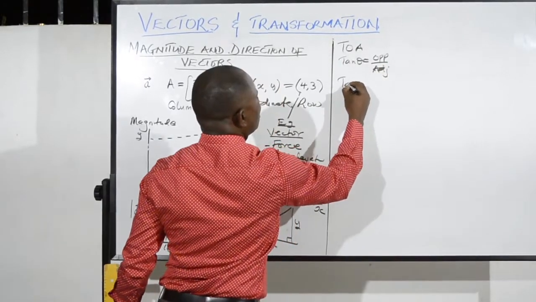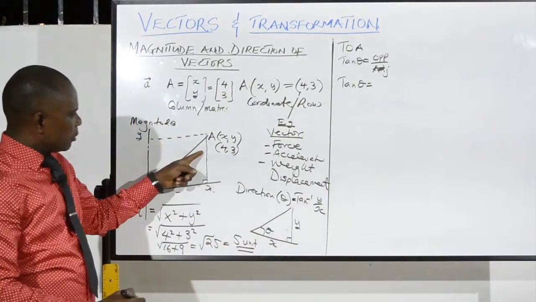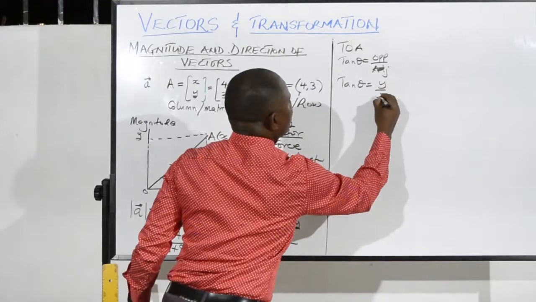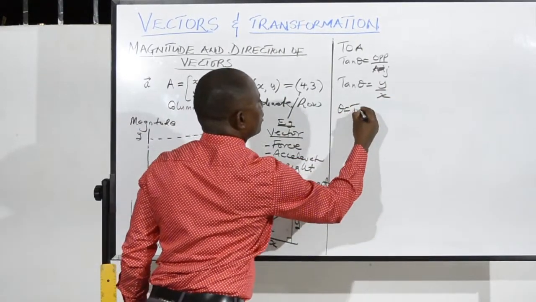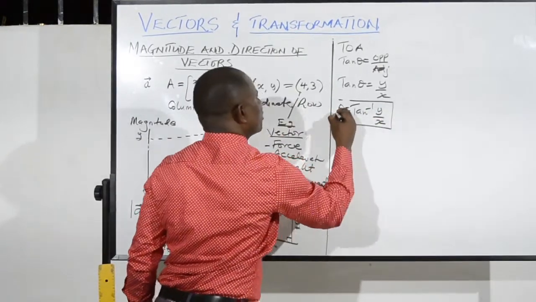The opposite is the y component of that vector, and the adjacent is the x. So if I want to find theta, I take the tan inverse of both sides: theta equals tan inverse of y over x. So now we have the direction of this vector.